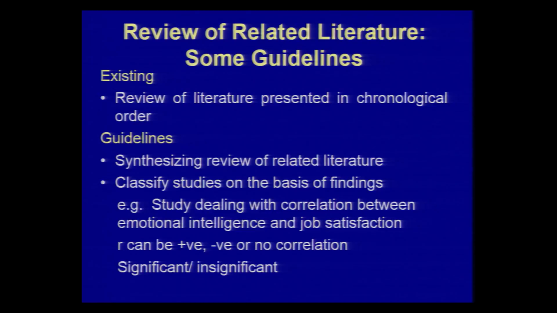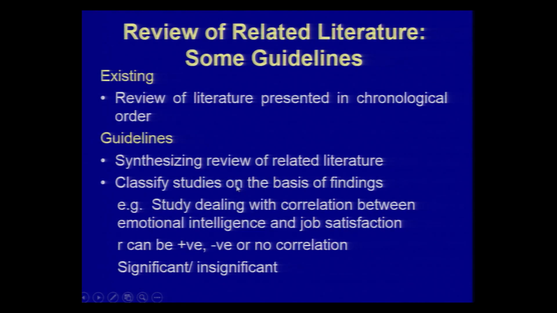A person does not like to relate one study with another. So, what should be the approach of a good researcher? Because it requires synthesis of the related literature, and that's an important phase in the review of related literature.